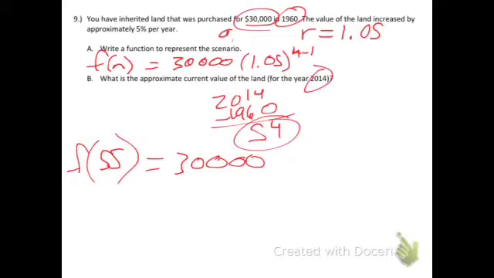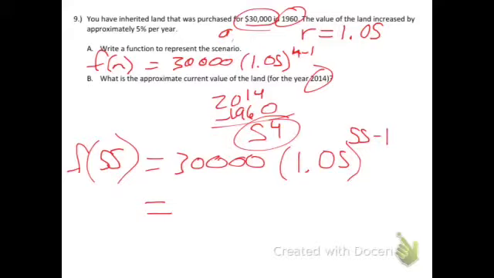You calculate it, and it's going to give you a beautiful number. As soon as I finish writing, I'll calculate it. 55 minus 1 is 54, so you got to do 1.05 raised to the 54th power, and then you got to times that by 30,000.